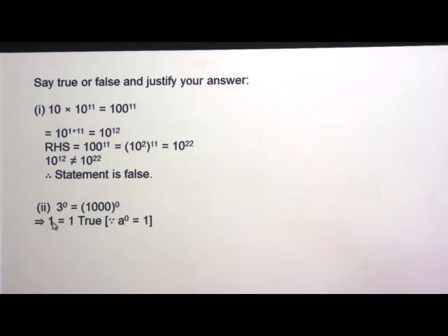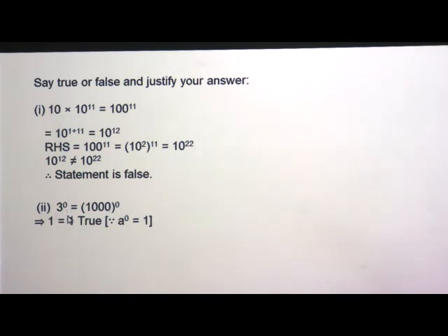Now, one more example we have here is 3 raised to the power of 0 is equal to 1000 raised to the power of 0. I told you, when I was explaining some rules of exponents, that a raised to the power of 0 is always 1. So, a may be a 1-digit number, a 2-digit number, or a 3-digit number.